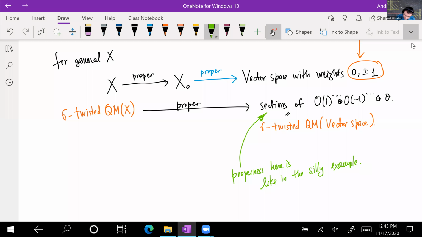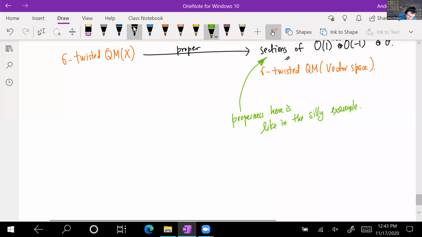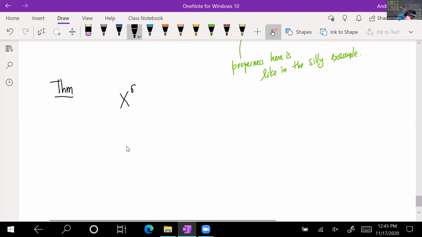And so now we can do the following kind of theorem. If we take the fixed locus, we have our X. Here we have this operator we'd like to understand.